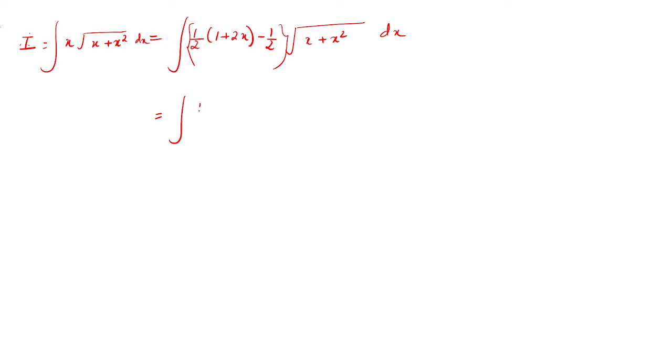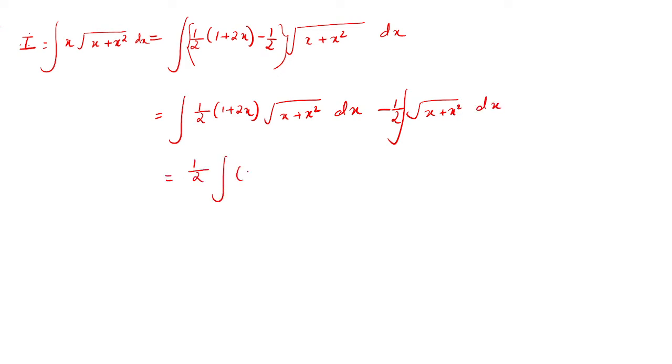Once you open up the bracket, you get half into 1 plus 2x over root of x plus x squared dx, minus integration of, since there's a minus, I've put a minus here, and you can just take the 1 by 2 outside, it's a constant term, so you can just take it out, 1 by 2 into 1 over root of x plus x squared dx.